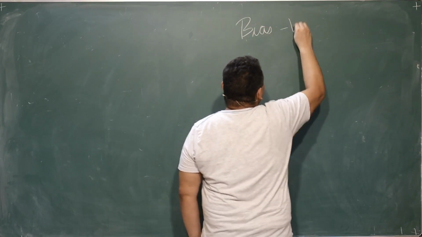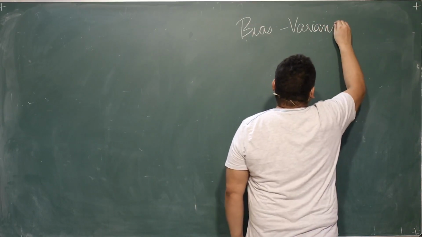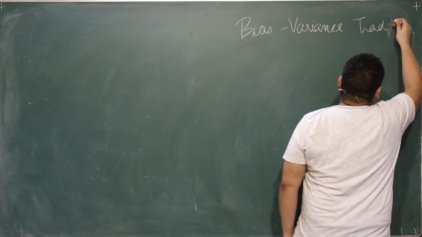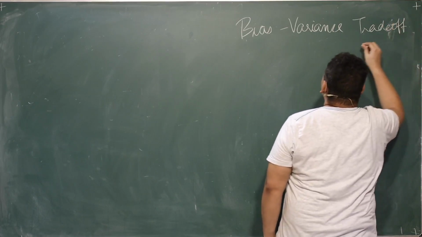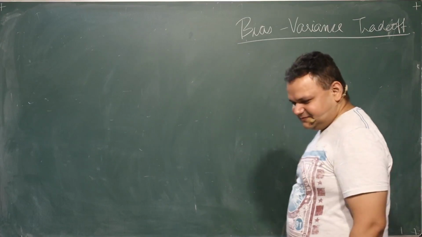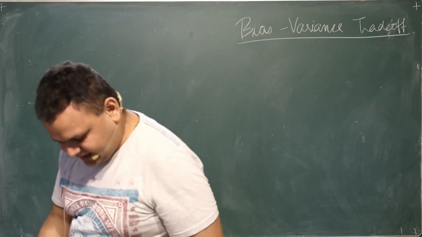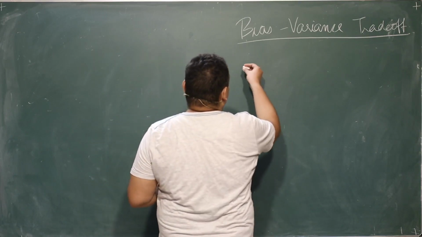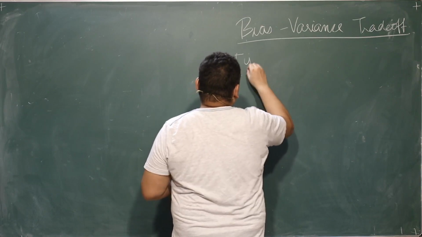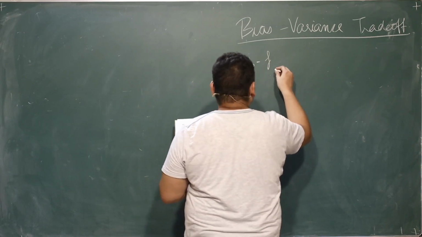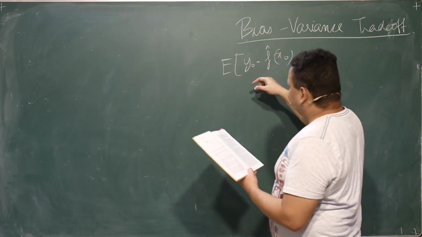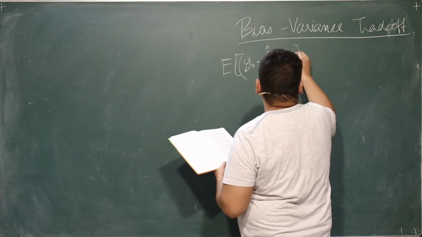which is bias variance trade-off. Okay, so let us see what this is. The expected value of y0 minus f hat x0.